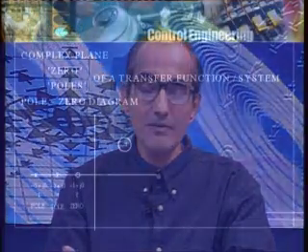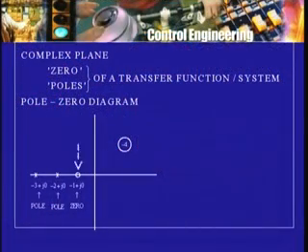The transfer function is a ratio of two polynomials. I am looking at the numerator polynomial, I factorize it and I find its roots, and show them on the complex plane or on the Argand diagram. And how do I show it? Now again one makes a convention. It is the numerator, so its roots are shown by means of small circles. So I will put a circle here and write down minus 1 plus j0.